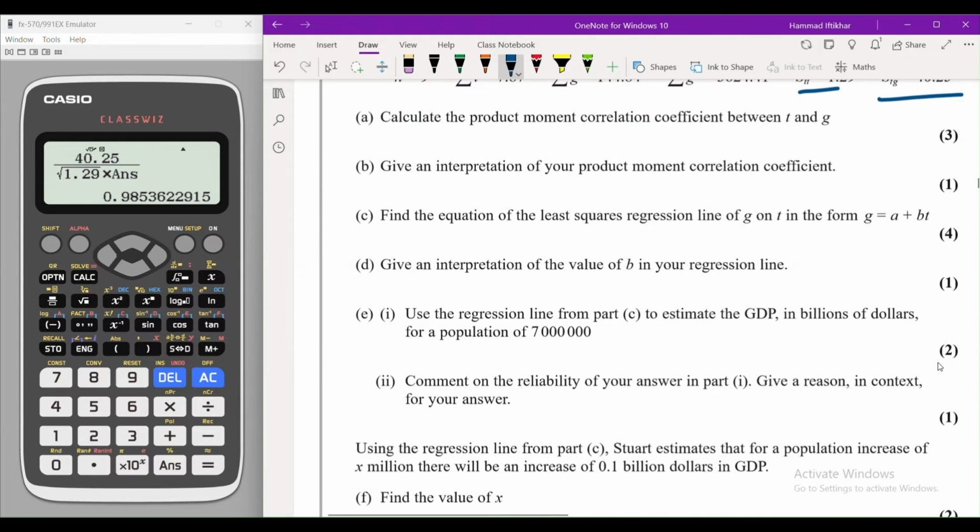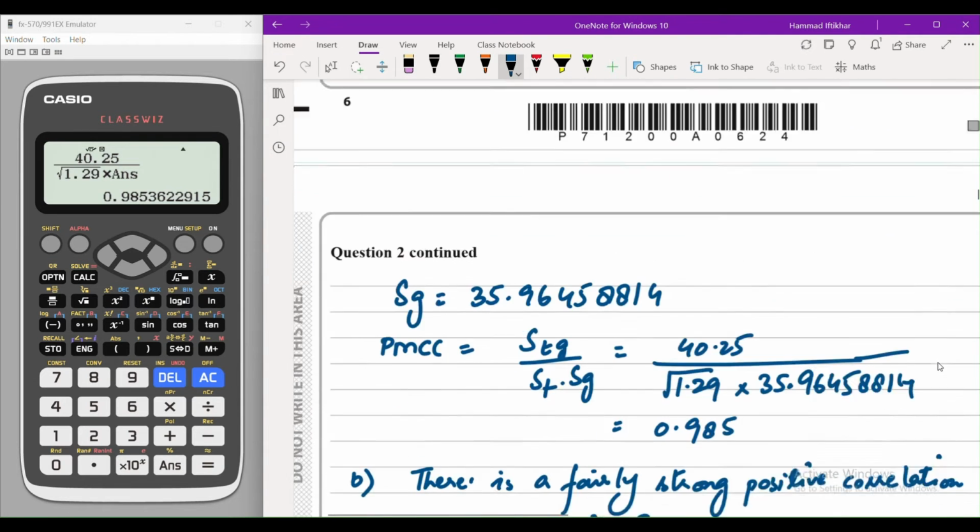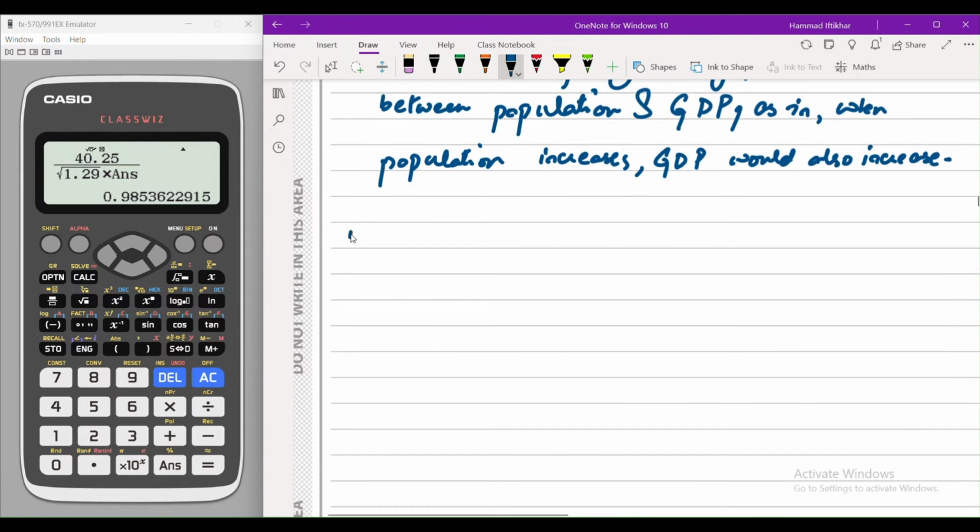Find an equation of the least squares regression line of G on T in the form G equals A plus BT. So B is coming from STG divided by STT.